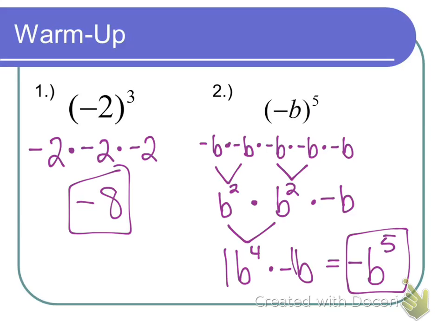However, if you are raising a negative, either number or a negative variable, to an odd power, like 3 or 5, your answer will come out to be negative, which we can kind of see here when we paired them up. A negative with a negative multiplies to a positive, but then you have an odd man out. Anytime you have an odd number, you'll have an odd man out when you pair them up, which will end up turning your answer negative.